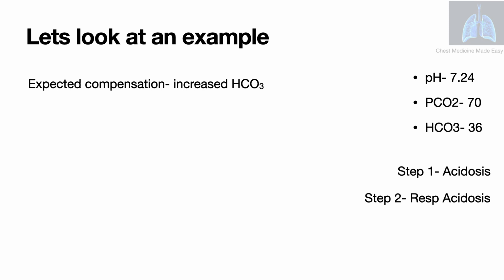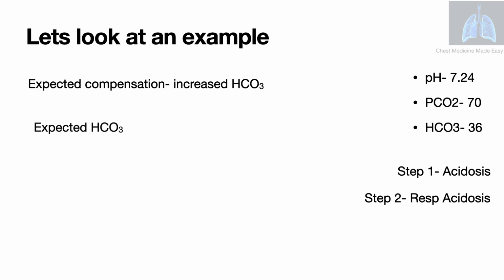Again, the expected compensation is increased bicarbonate levels. So how much has the carbon dioxide increased by? The normal PCO2, if you would recall, is 40 and in this example is 70. So the increase in PCO2 is 30 millimeters of mercury.